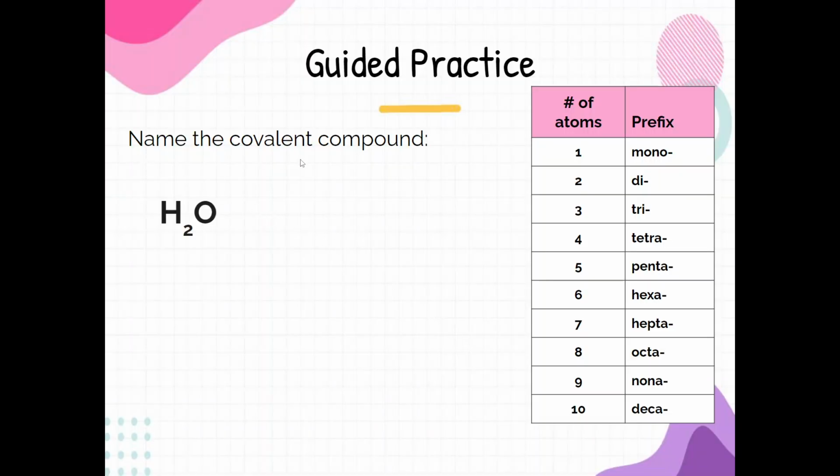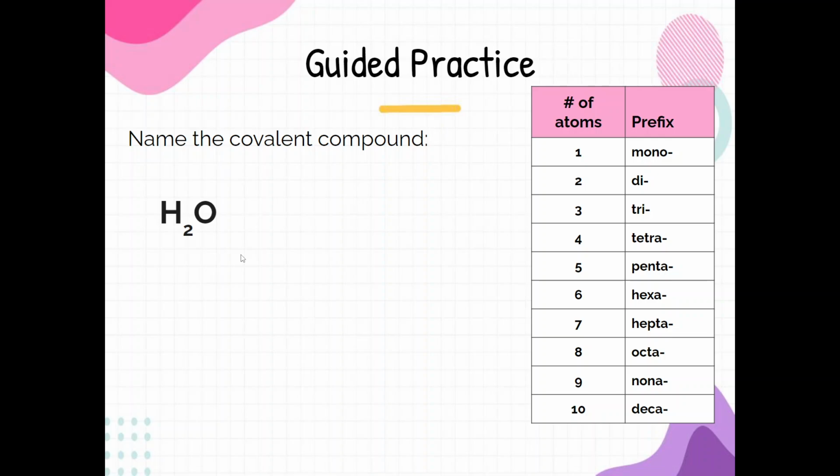So our first compound we want to name is H2O. The regular everyday name for H2O, of course, is water. But the scientific name, or the IUPAC name, International Union of Pure and Applied Chemistry name for water, follows those rules we just discussed. And so we have two hydrogens. Our prefix for two is di, so we would write dihydrogen, and then we have one oxygen.